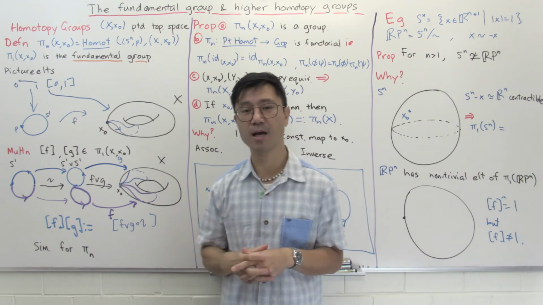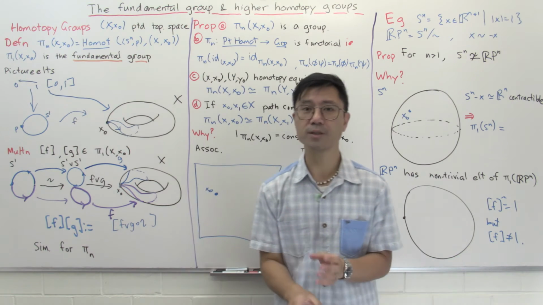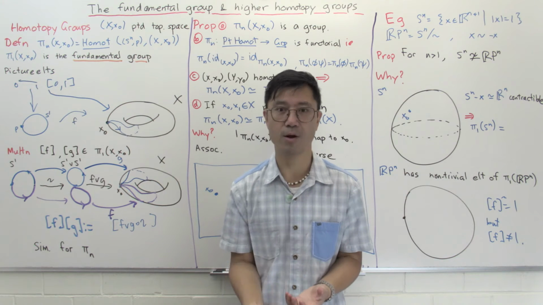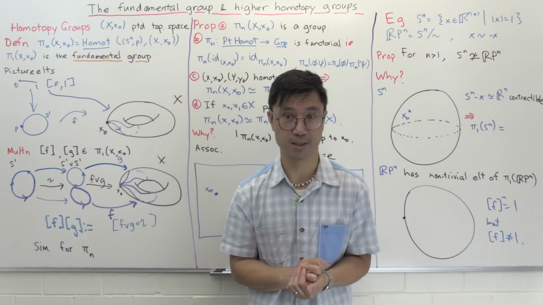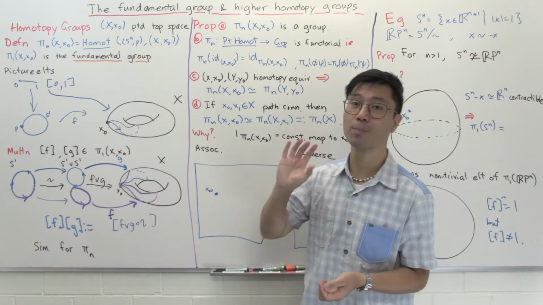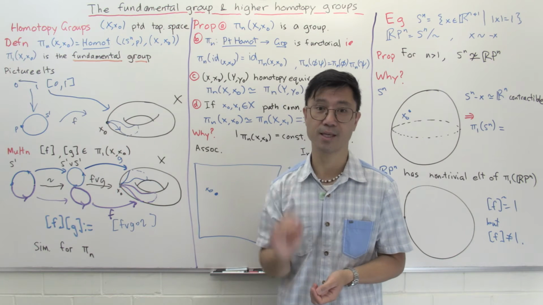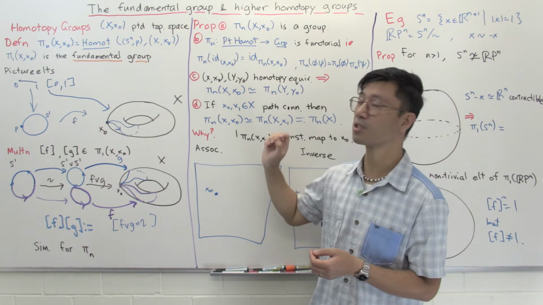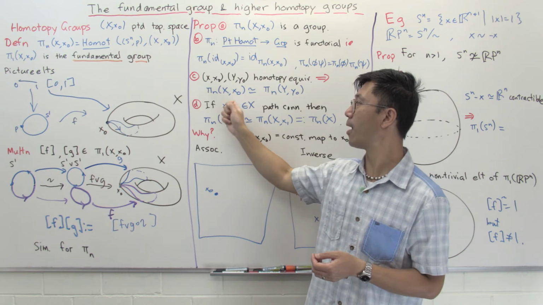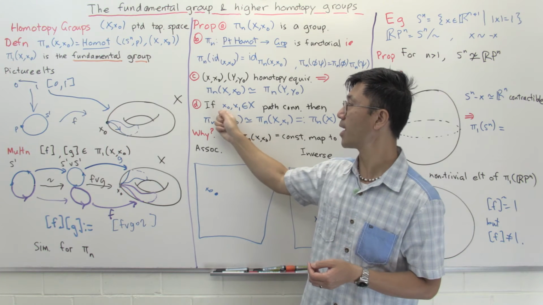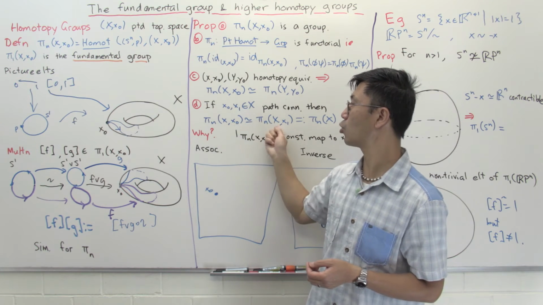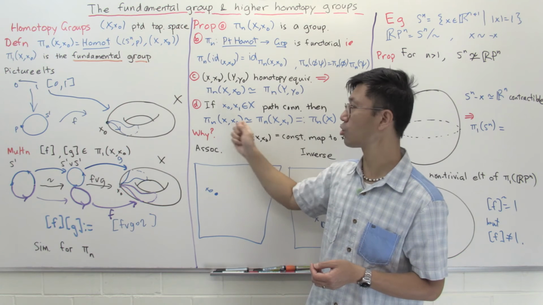The last thing is that ideally, what you want is some sort of algebraic invariant associated to topological spaces. It's a little bit subtle the way the theory works in this case, but the key point is the following. Suppose that you have two different points, x0 and x1, and you want to look at these two different pointed topological spaces.